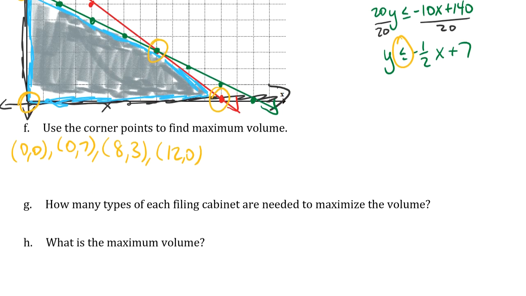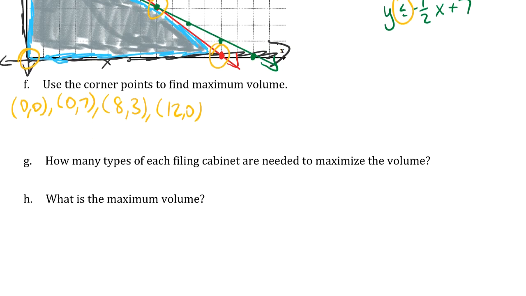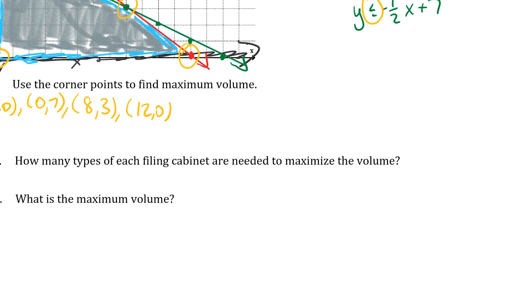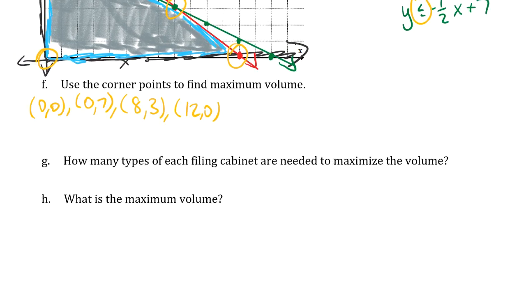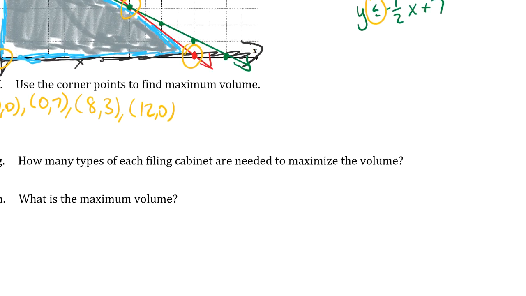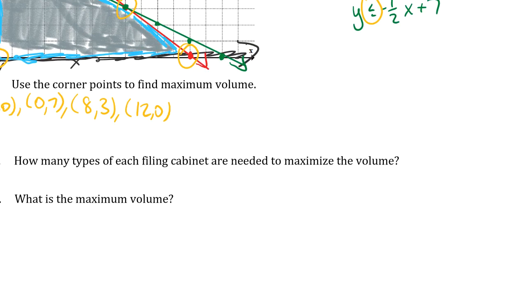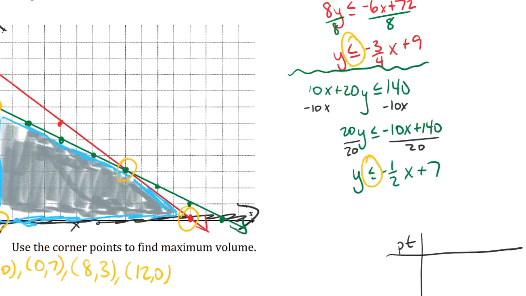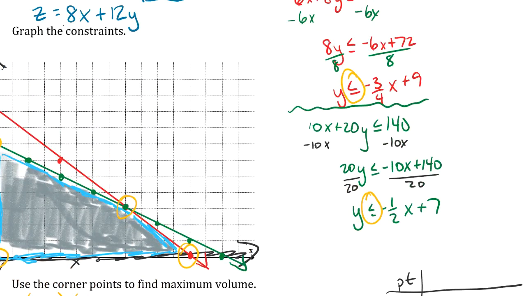All right. So in order to find what the maximum value is, we need to put this into a little chart. I'm just going to have a little chart over here that has our points, and then it has the equation we're actually wanting to maximize, which is this 8x plus 12y.